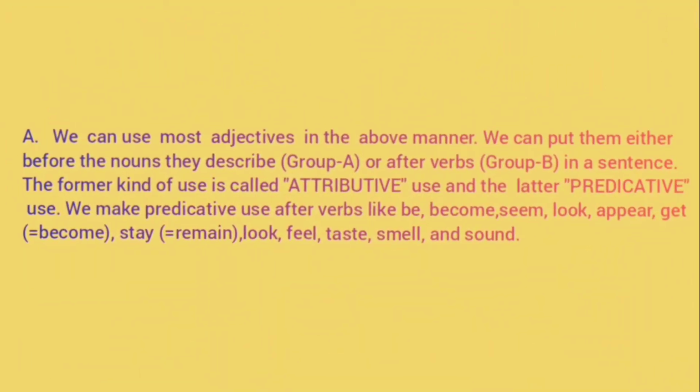We can use most adjectives in the above manner. We can put them either before the nouns they describe, as in Group A, or after verbs, as in Group B, in a sentence. The former kind of use is called attributive use and the latter predicative use.